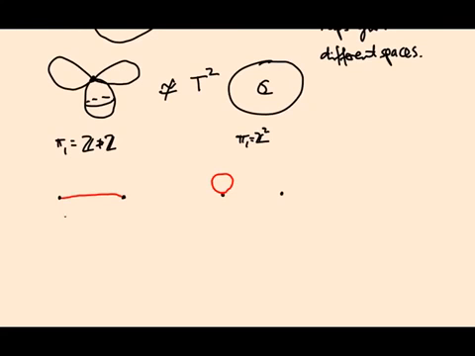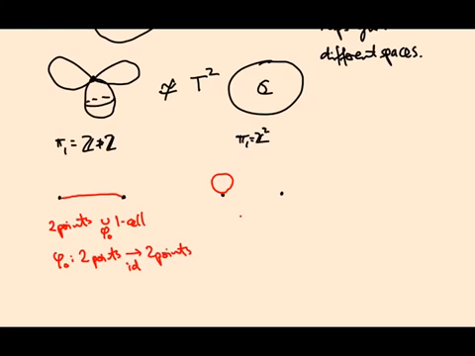So this is 2 points union along some attaching map phi 0 with a 1-cell. Well, this is phi 0 sending 2 points to 2 points via the identity map.